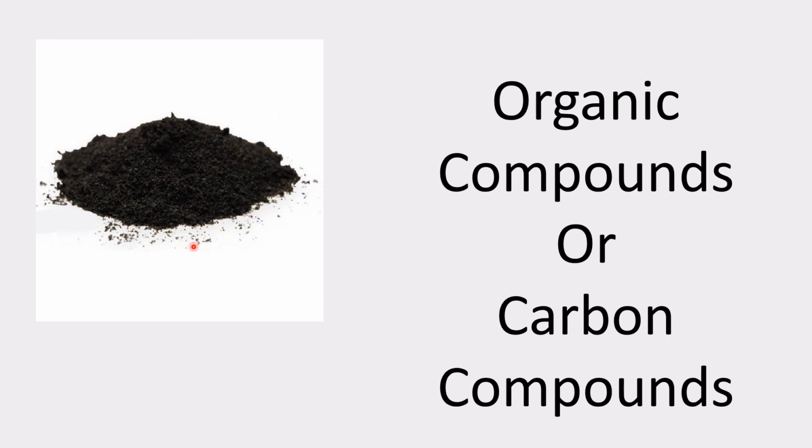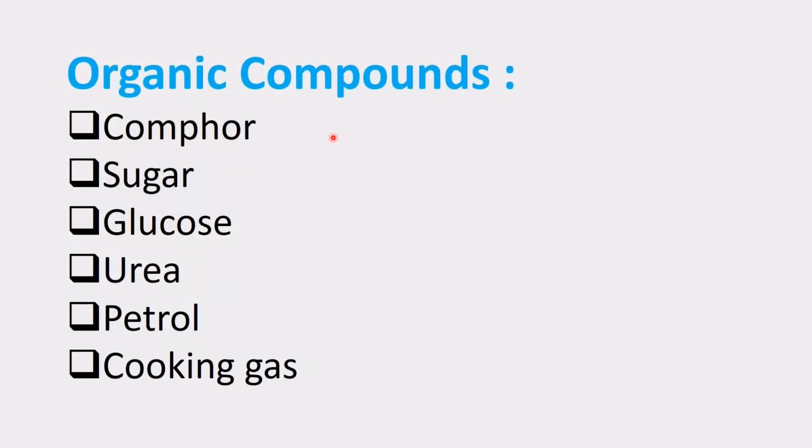That is called residue. These compounds are called organic compounds or carbon compounds. For example, materials like camphor, sugar, glucose, urea, petrol, cooking gas, etc. These are all organic compounds.